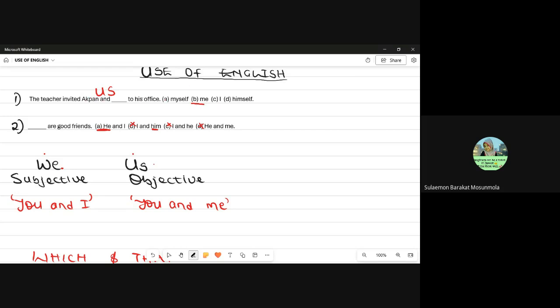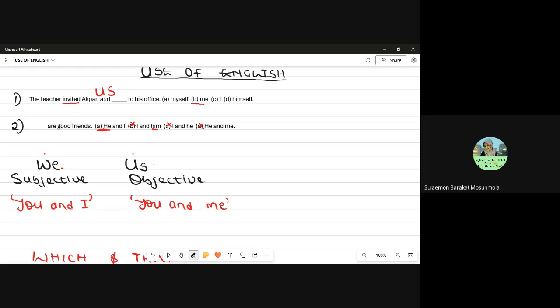Now, we will not use "myself" because myself is a reflexive pronoun. Here the teacher is the subject, the one inviting, the one performing the action. It is not the same thing as myself. We have different people in this sentence, so we will not be able to use myself. We won't use "I" because this is in the objective form. The act of inviting is upon Akpan and me.